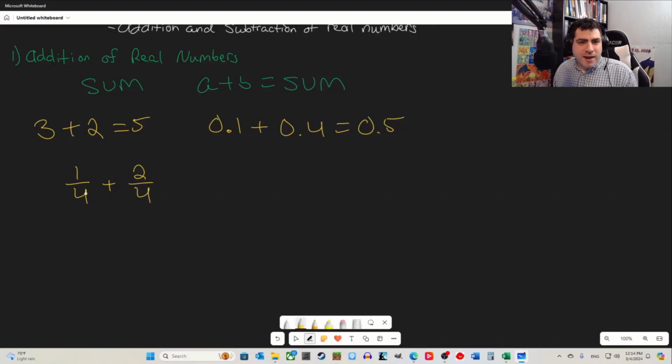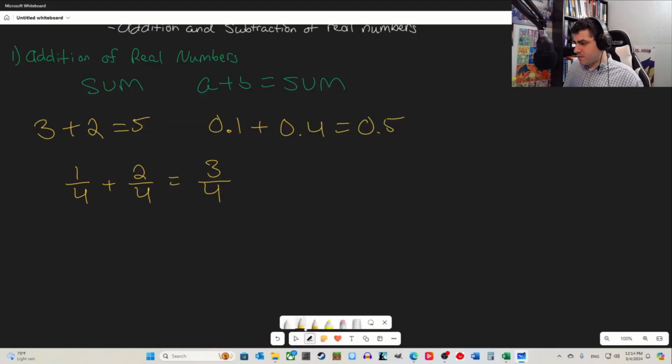Now, without getting into rational numbers too much, we will have a section dedicated to those, so I picked the easy one. When you have the same denominator, you could just add the top numbers. So you keep the denominator because the denominator is the same, and you add the top numbers. This becomes 3 over 4. So adding positive numbers is super easy.